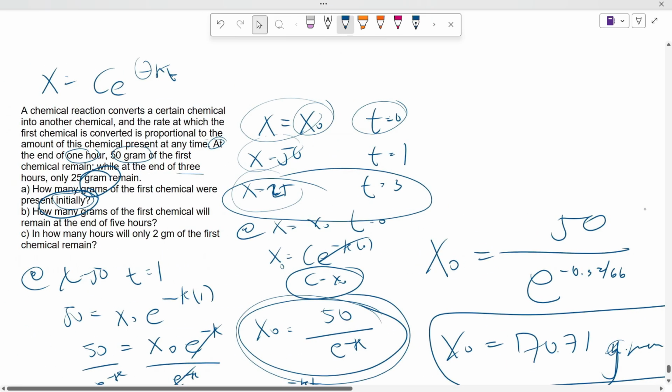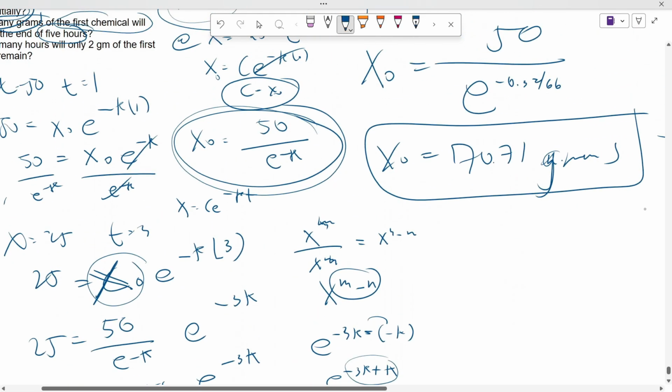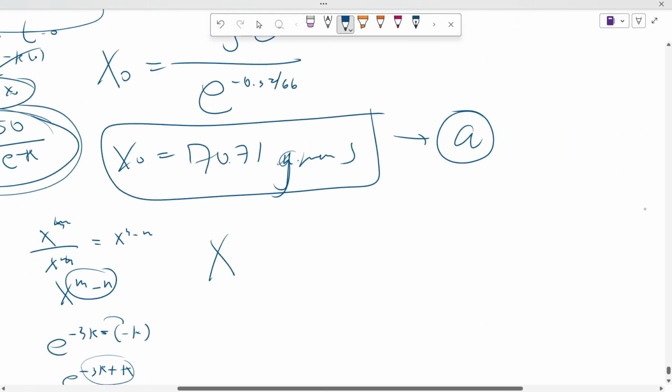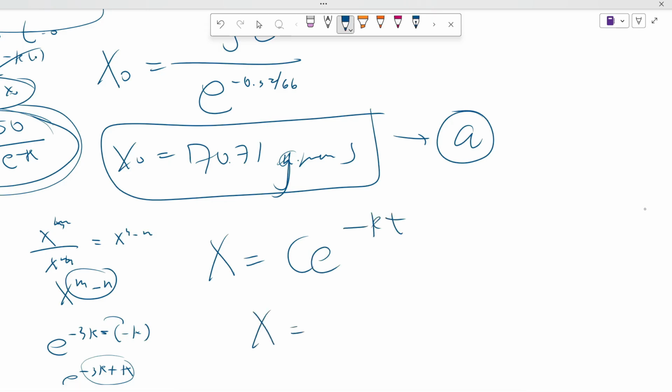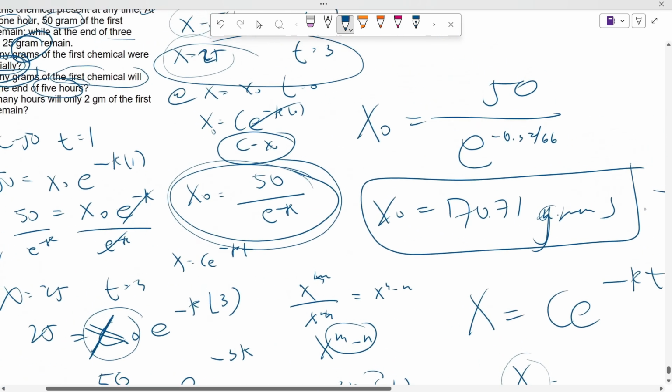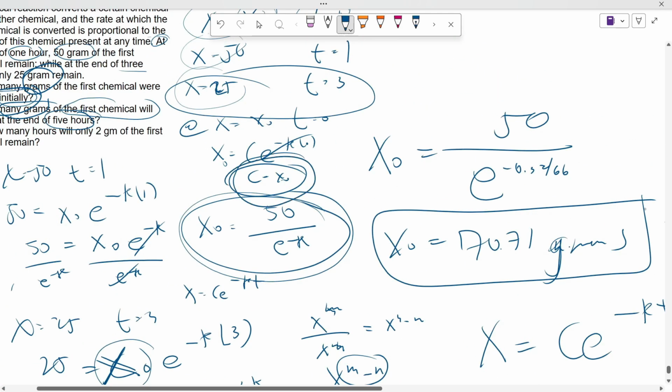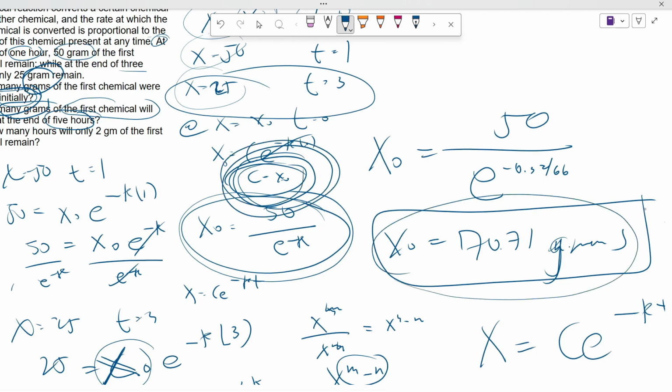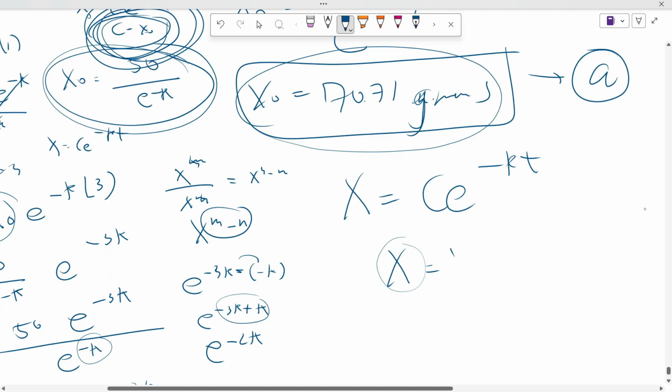So, letter B. How many grams of the first chemical will remain at the end of 5 hours? So, at the end of 5 hours, how much chemical will remain? X equals C e raised to negative kt. Our X is what we're solving for, the remaining amount. What is our C? From earlier, guys, our C is X sub O, the one circled. But we already have the value of X sub O, so we write 70.71 here, e raised to negative k.